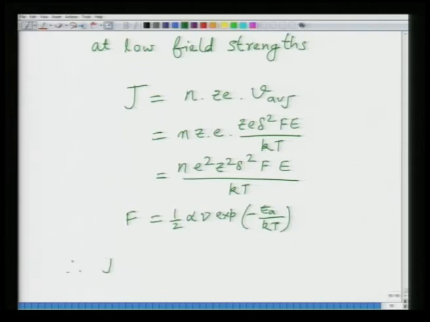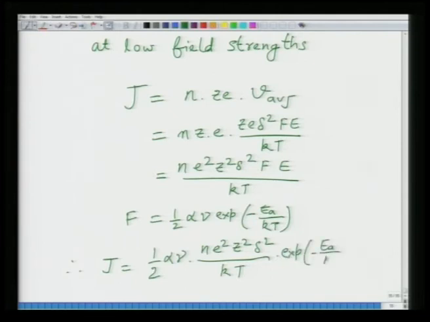That means J is equal to half of alpha nu multiplied by N E square Z square delta square divided by KT into exponential of minus E A by KT into E, and from Ohm's law we know that J is equal to sigma E, where sigma is nothing but conductivity.